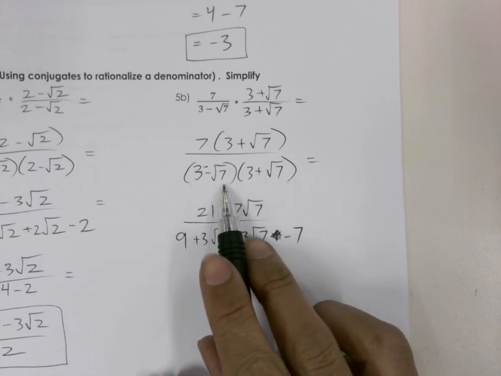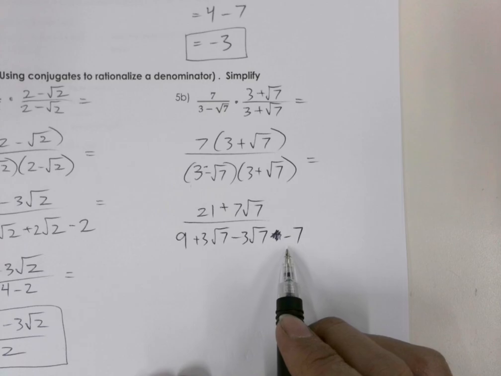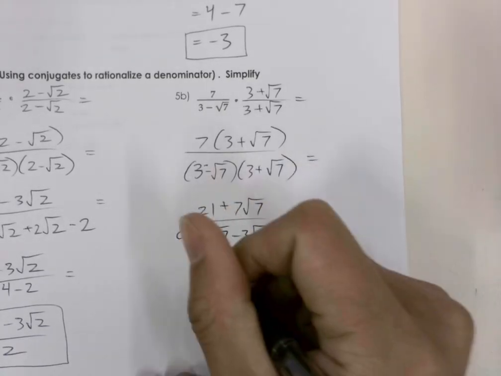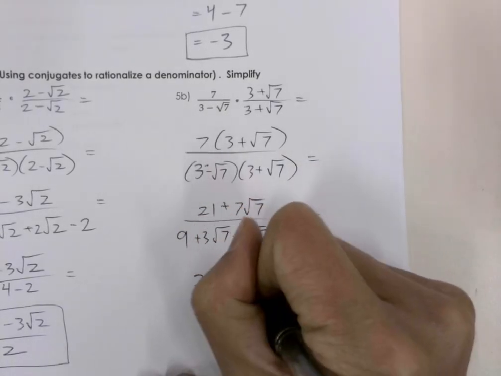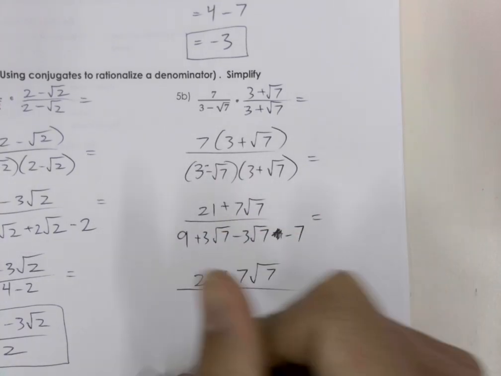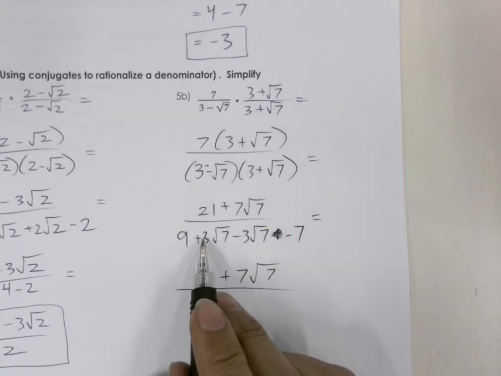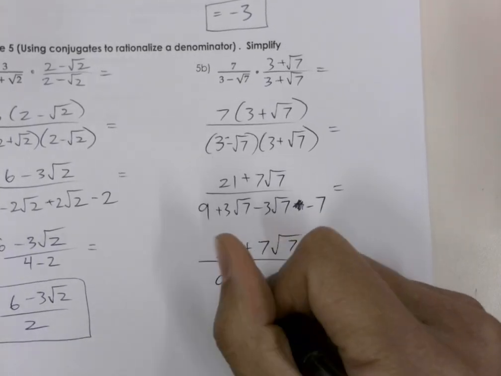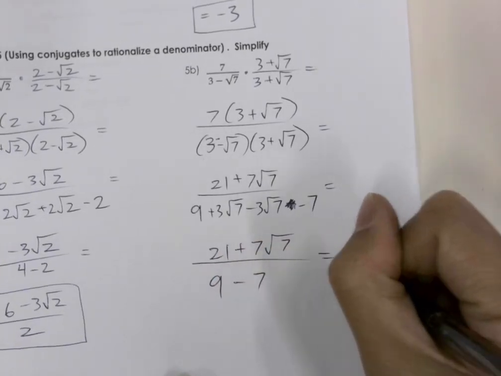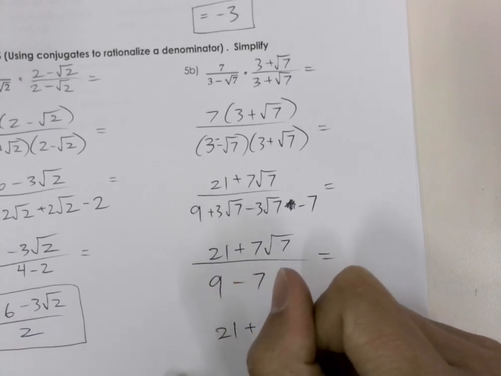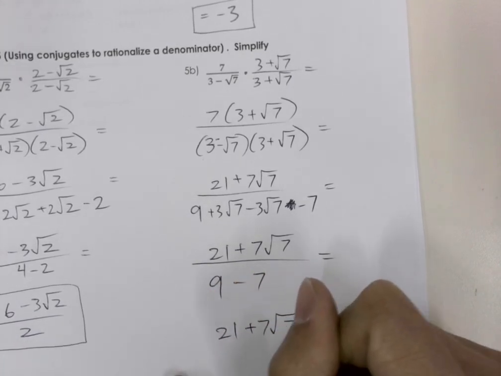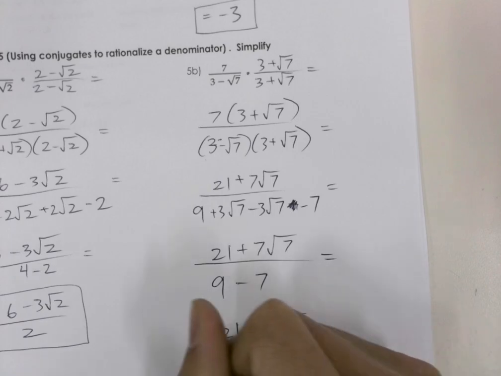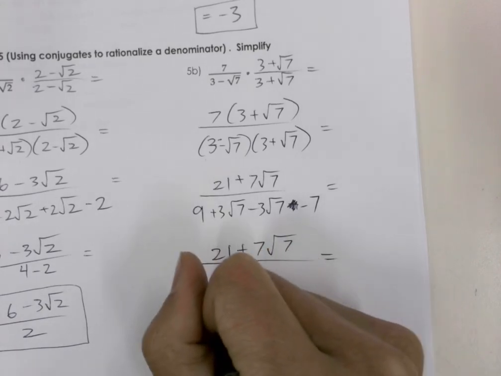Square root 7 times square root 7 is just 7. The 3 square root 7 minus 3 square root 7 becomes 0, and we get 9 minus 7. So we can simplify further and say 21 plus 7 times square root 7 over 2. And that's going to be our final answer.